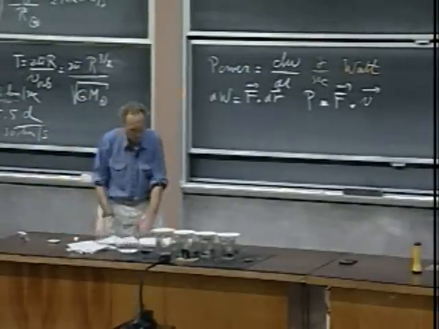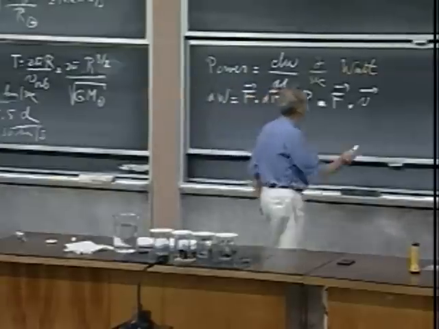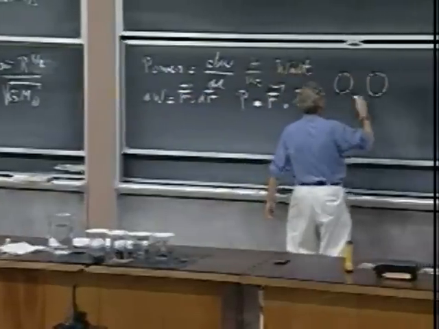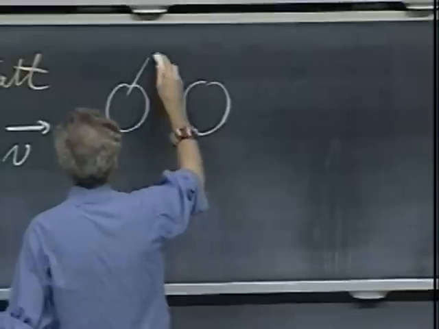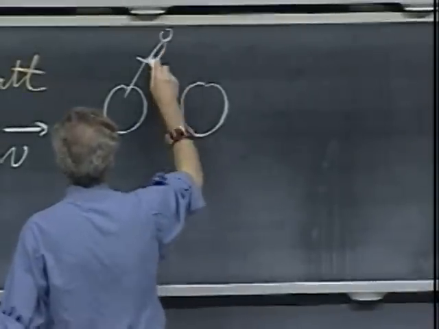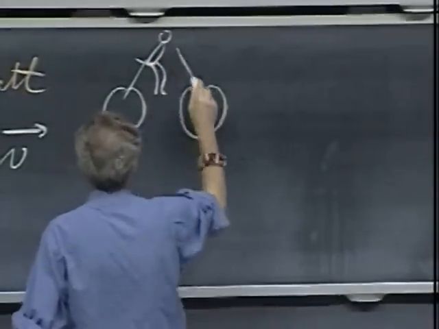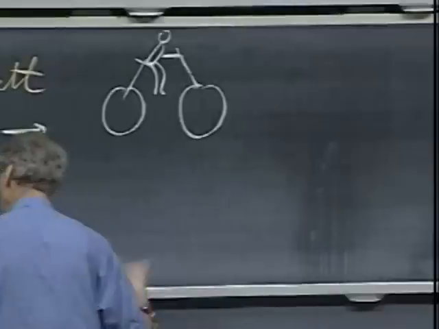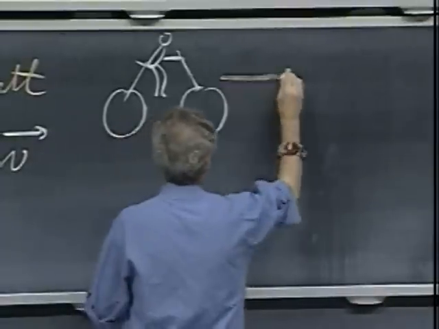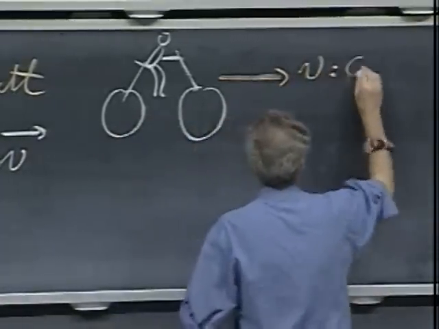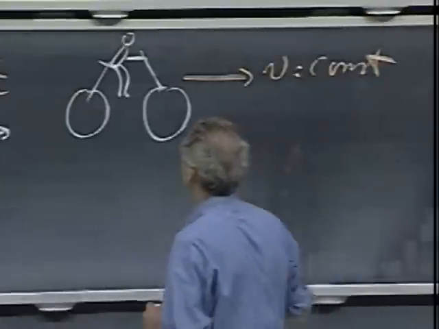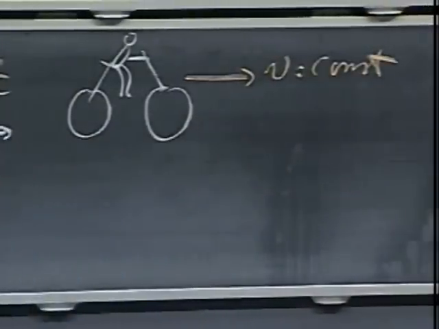Let's take an example. I am on a bicycle. Here's my bicycle, and I'm sitting on a bicycle here, and I'm trying to get going. And I have a certain velocity, and I keep that velocity constant. That's the way most people would ride their bikes.